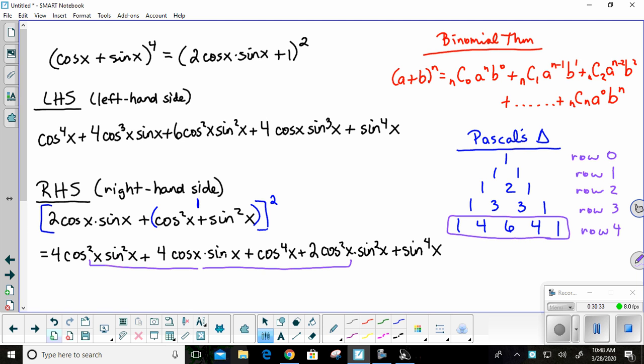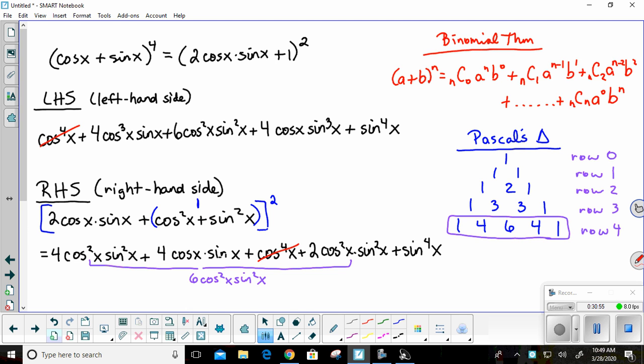So that would give us 6 cosine squared x sine squared x. So now let's start canceling. First of all, cosine to the 4th x will cancel with that cosine to the 4th x. Again, we're talking left-hand side of the equation, right-hand side of the equation.